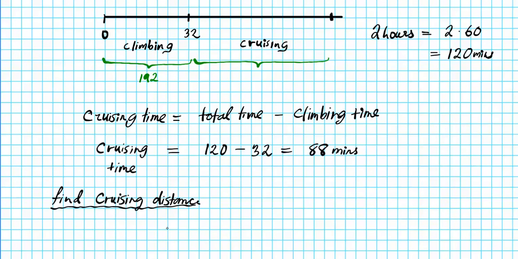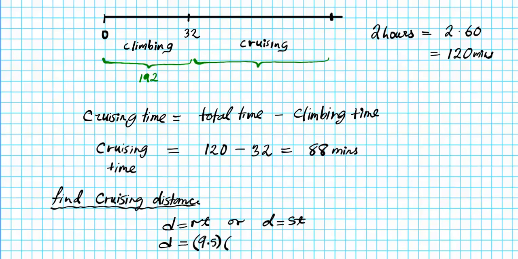To do this, we're going to use our nifty formula: distance equals rate times time. Rate is the speed, the cruising speed of the aircraft, which is 9.5 miles per minute. So 9.5 times, how much time did it spend cruising? 88 minutes.